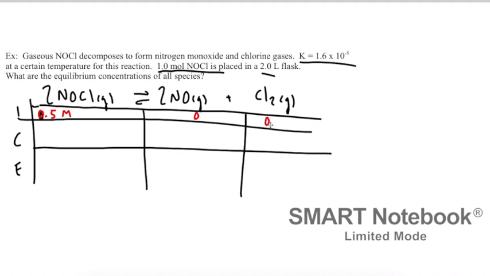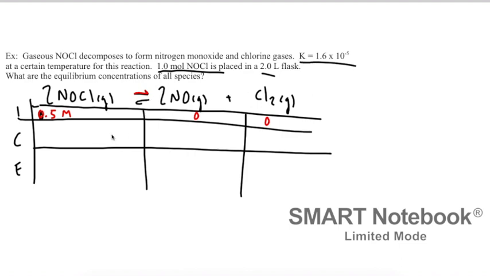So I know right away that the reaction is going to proceed to the right because I don't have any product, right? My Q, in other words, right now is 0 because it has products on the top. So my Q is definitely less than K. 0 is less than any positive value.